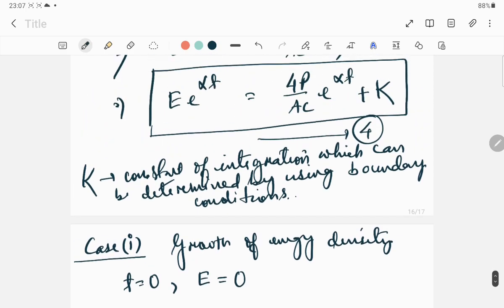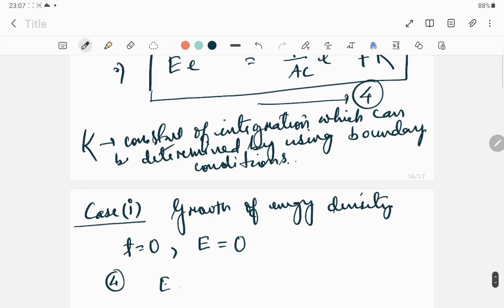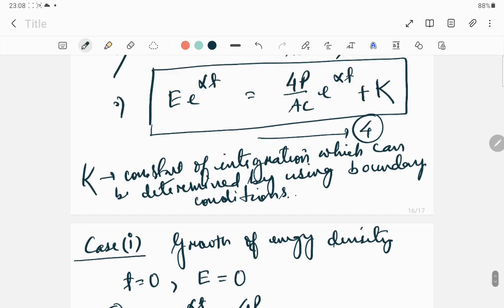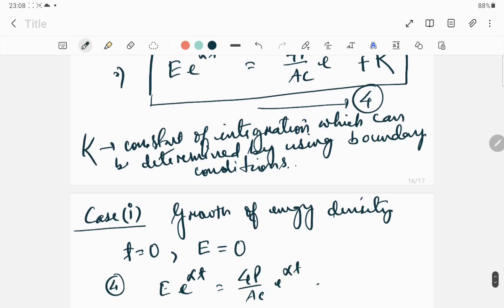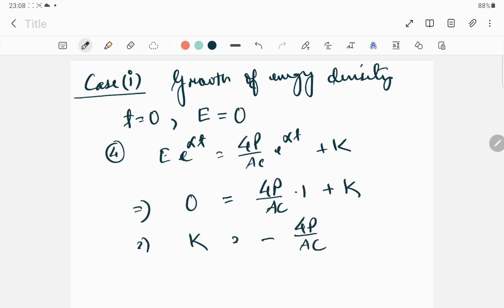Let us apply equation 4: E into e to the power alpha t equals 4P/AC e to the power alpha t plus k. Applying this condition, 0 equals 4P/AC into 1 plus k. So k is equal to minus 4P/AC.